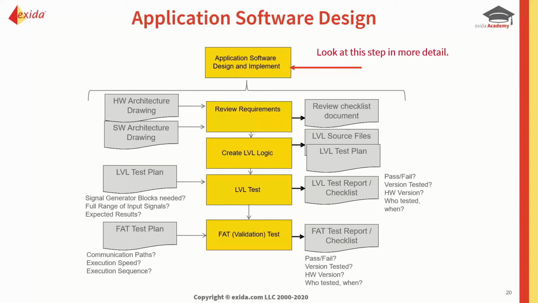Because ultimately, once you finish testing the individual modules, then again, it's got to be integrated into the logic solver as a whole. So this is where the factory acceptance test comes in with the test plan. So if we have communication paths, so for example, if the SIS has to communicate with the BPCS, then we have to have a means of testing that. What about the speed of execution?